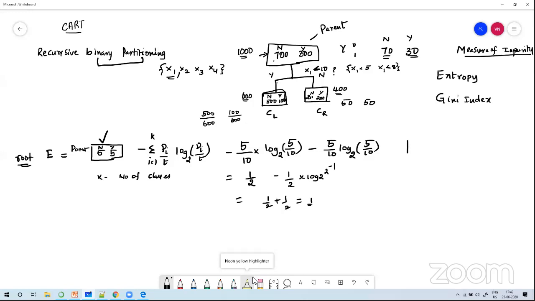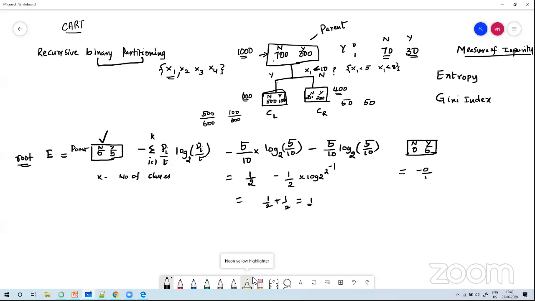If, let's say, the root node is something like this, 0 and 5. 0 for no category and 5 for S. In this node, all of them belong to S category. So there are no observations for the no category at all. What would be the entropy of this?